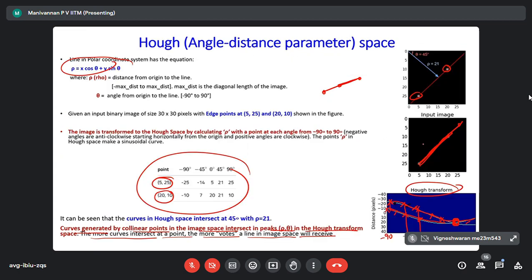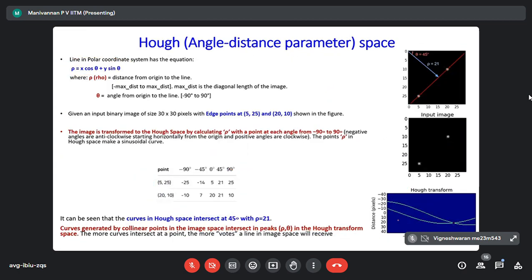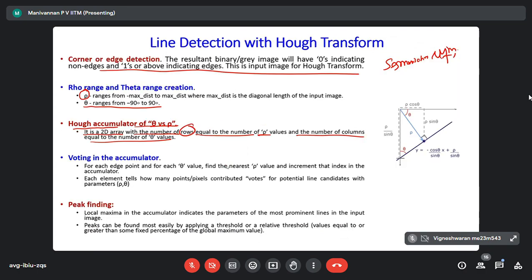Please see that we have calculated only for 90, 45, 0, and so on. This you can do for different values. Correct? Then that will be stored in a 2D array. That is called the accumulator. That is the word they are using. Hough accumulator, by calculating rho for different theta for each point.